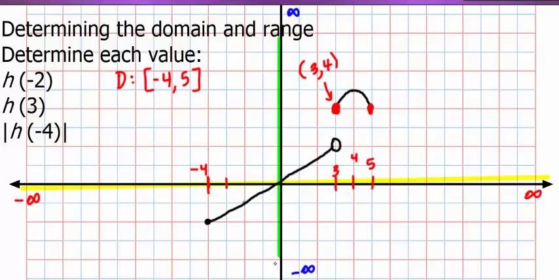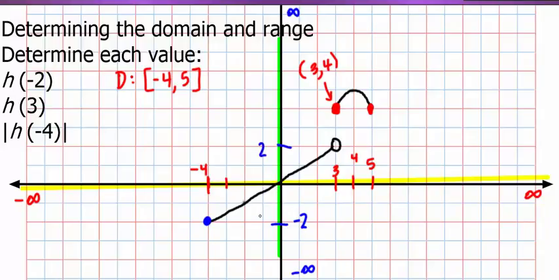So none of these values, negative 4 doesn't have an output. There's no output of negative 4. There's no output of negative 3. There is an output of negative 2, and it is a closed circle, which means negative 2 is part of the range. And then there's an output from negative 2 all the way to positive 2.